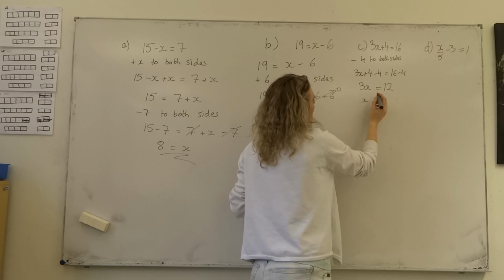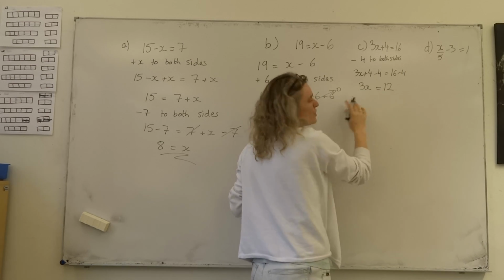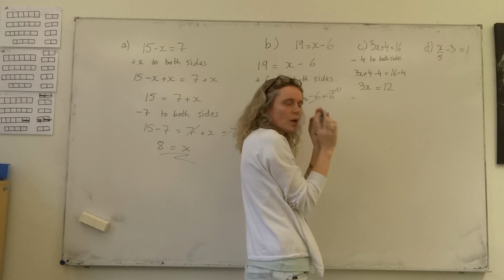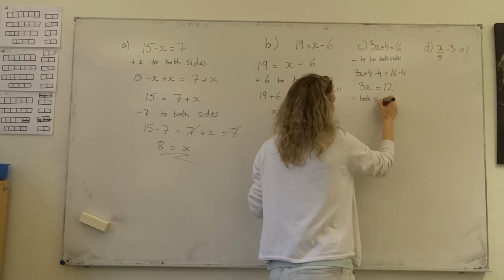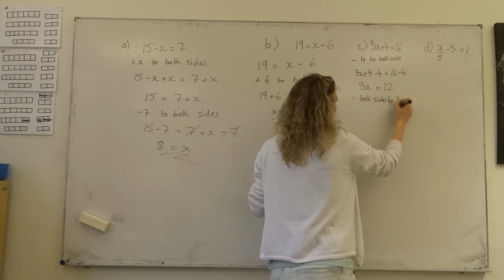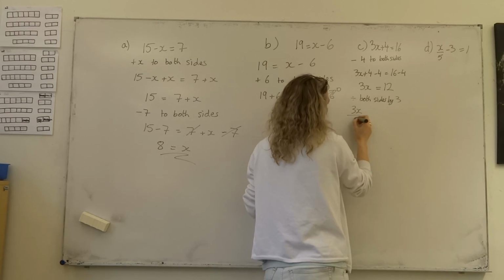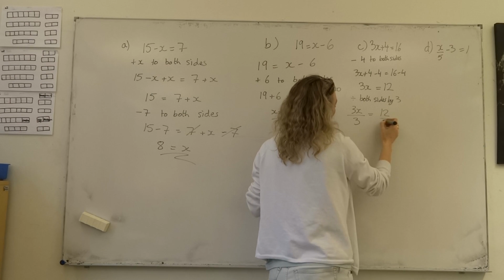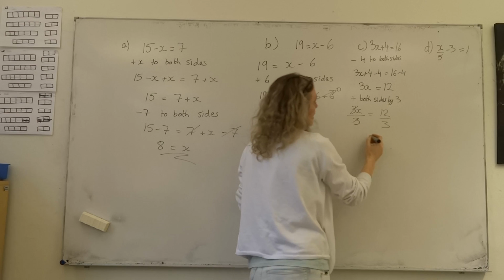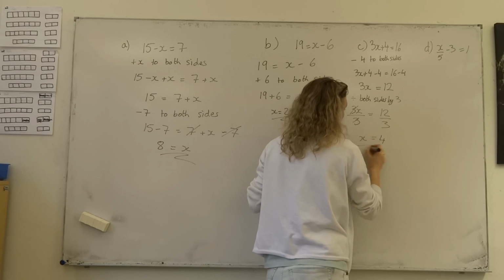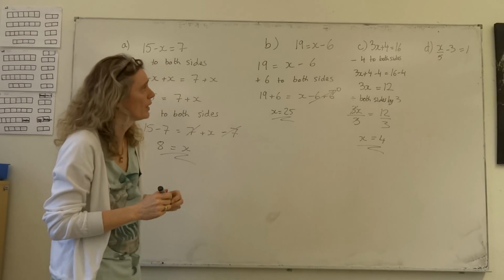So x, divide both sides. We don't want to know what 3 lots of x are, we want to know what 1 lot of x is. Divide both sides by 3. We get 3 lots of x divided by 3 equals 12 divided by 3. 3 divided by 3 gives us 1 lot of x. 12 divided by 3 is 4. So x equals 4 for that one.